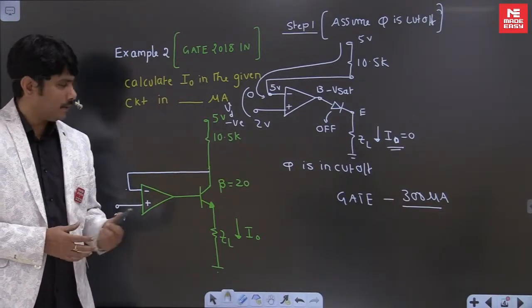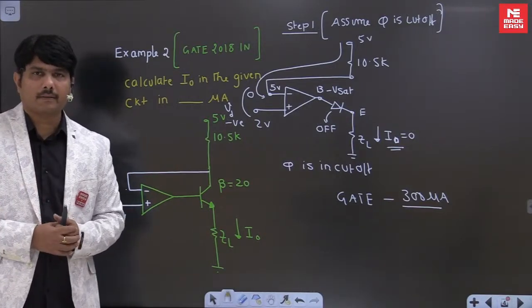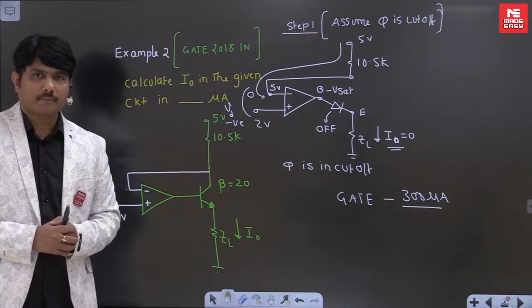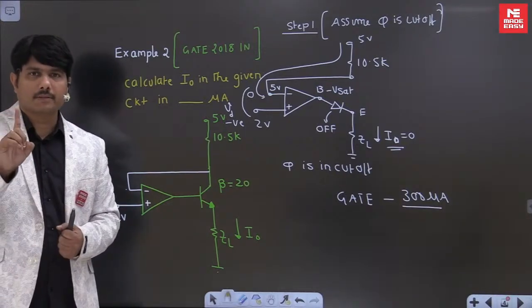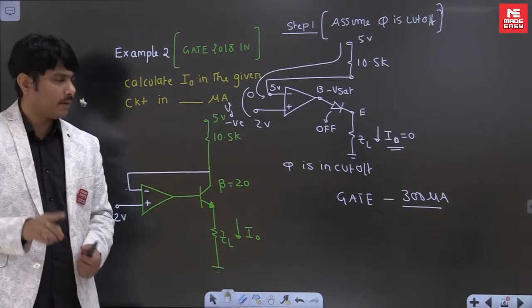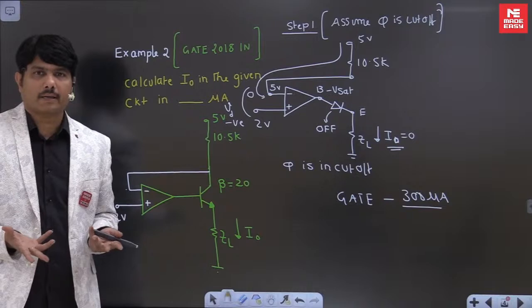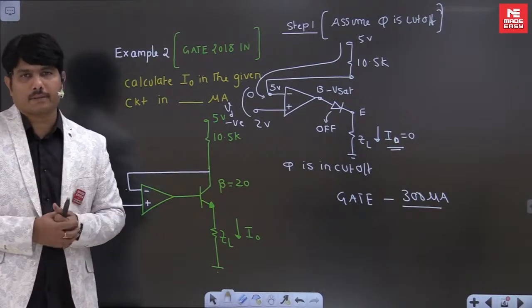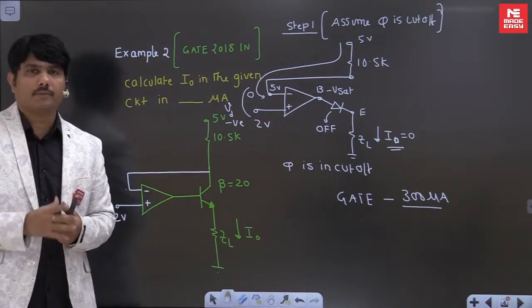Then you find the IB current, then the IE current, and automatically we are getting 300 microamps. That is the blunder for this question. Only step number 1: please always remember, you have to check the transistor position. If the transistor itself is not conducting, how can you tell the feedback for the circuit? Feedback you can explain only when the transistor gets on.